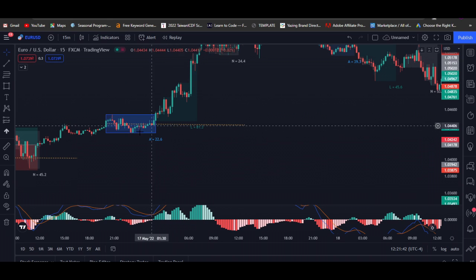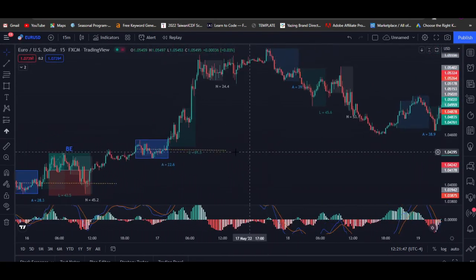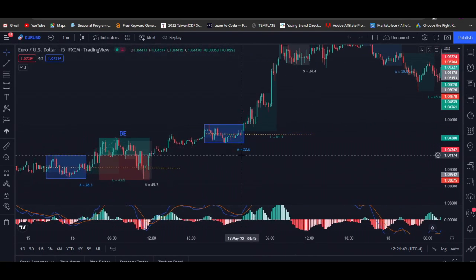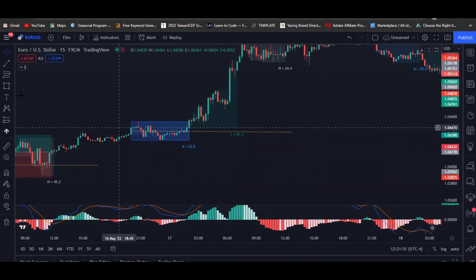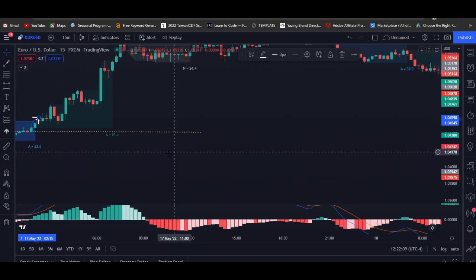Okay, and as you can see, we kind of got an advanced buy setup right here, which is not very clear. So I'll try and break it down. If you look right here, you have this bullish candle which broke out of the Asian box right here.